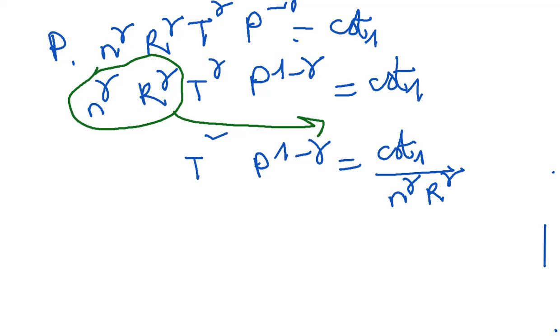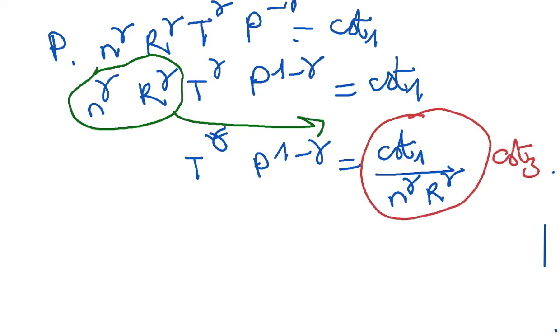If we look at this equation, once again the right side is a constant that we will call constant 3, because n is a constant, R is a constant, gamma is constant, and everything here is constant.